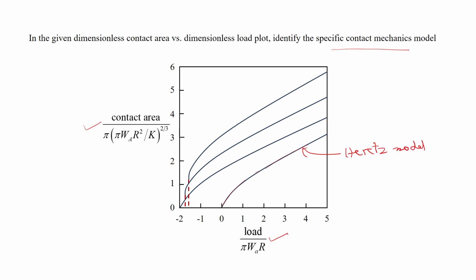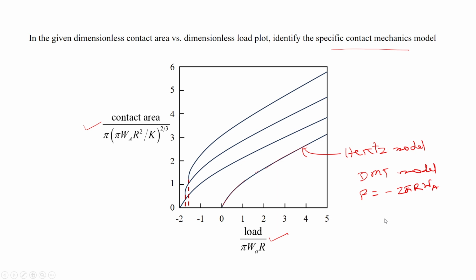Hertz model, right? And now, we saw the pull-off load that is required for the DMT model. For the DMT model, what was the pull-off load? The pull-off load requirement, P, was minus 2 pi r W A. So, that was the pull-off load.